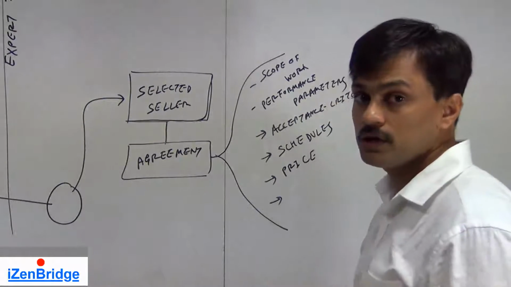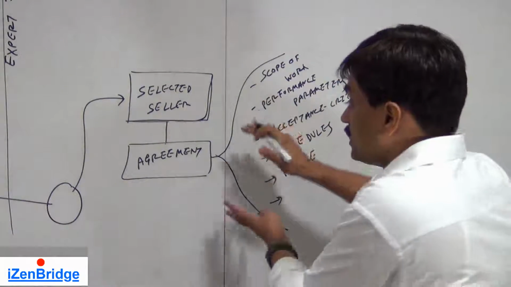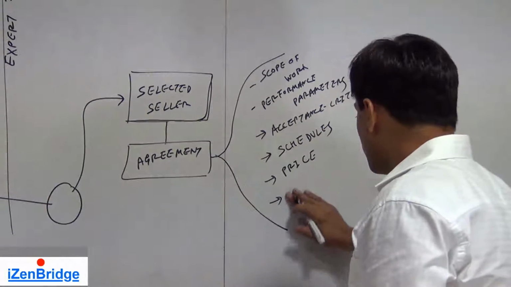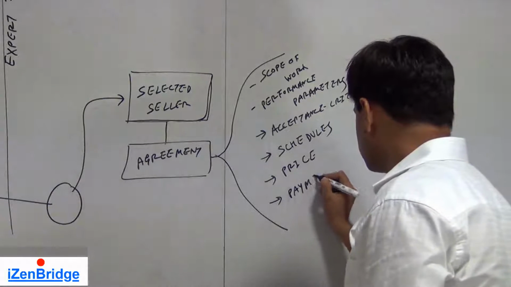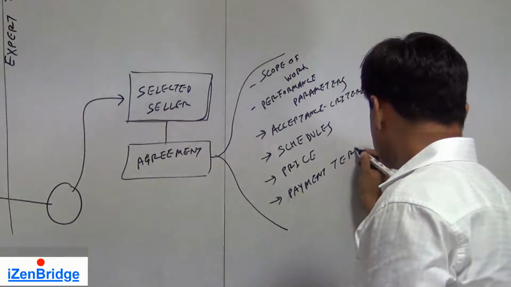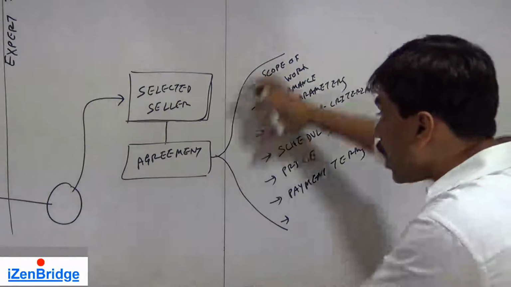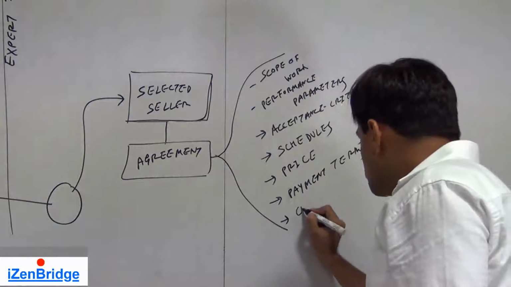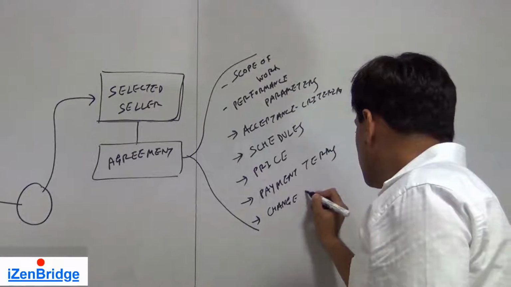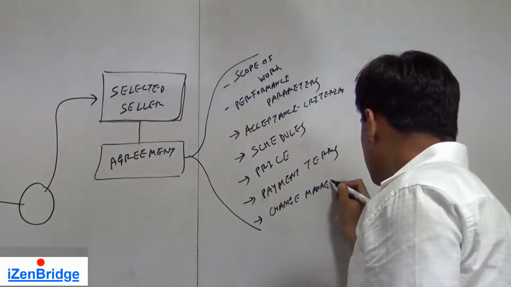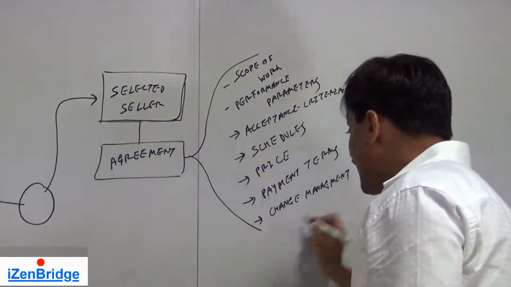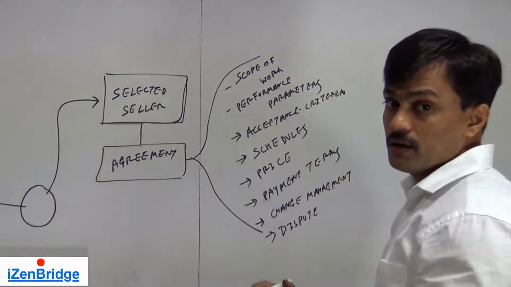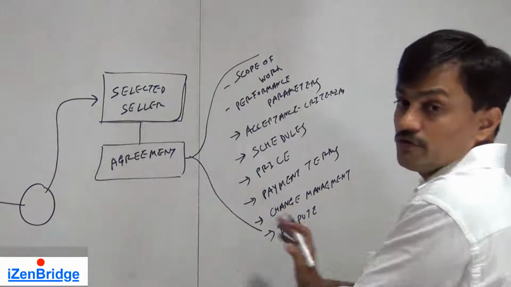It should be talking about payment terms. When can this selected seller claim for work? So it will talk about payment terms. It will also talk about what is the process we should follow for changing this contract. So change management, handling disputes, which code would be applicable if we have a dispute for a given agreement.